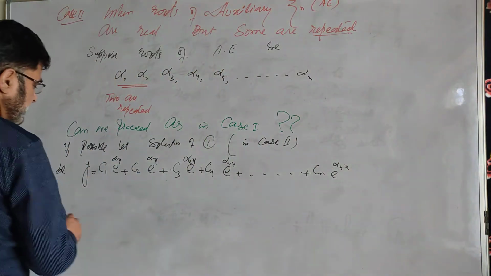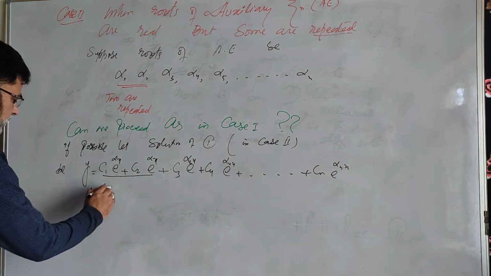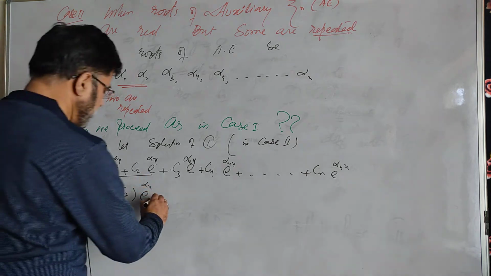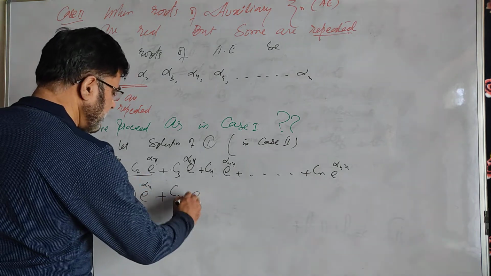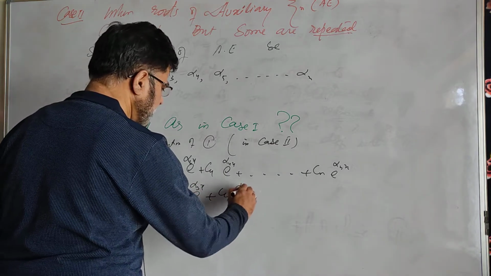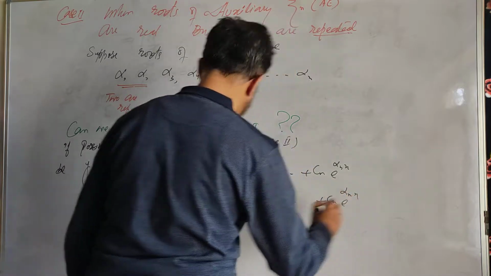Now what happens? You see what happens here. You can write y is equal to c1 plus c2 e raised to the power alpha x, then plus c3 e raised to the power alpha 3x plus c4 e raised to the power alpha 4x, and so on up to plus cn e raised to the power alpha nx. What happens?